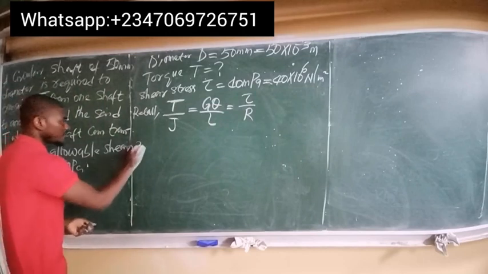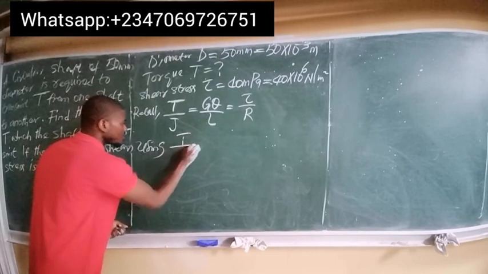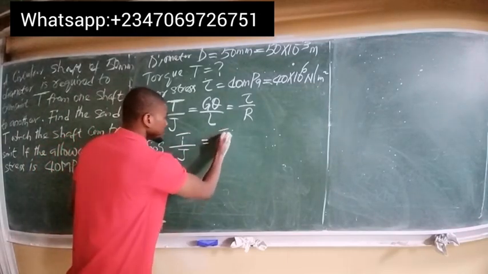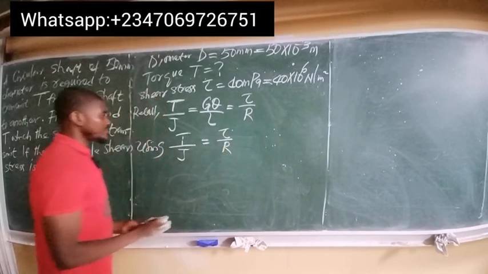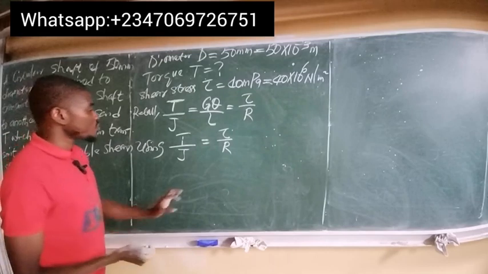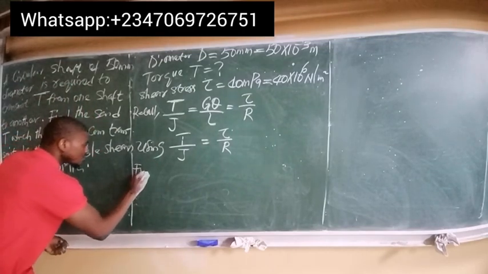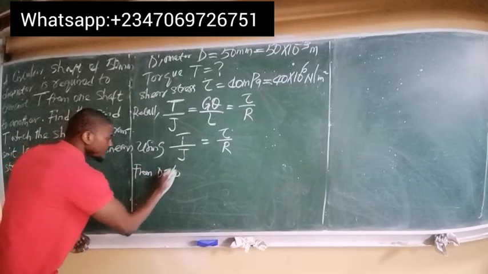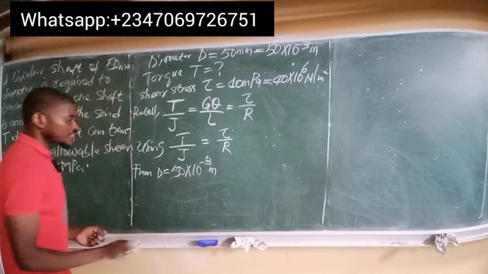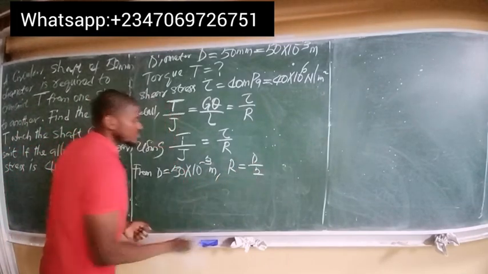So using simply T all over J equals shear stress all over radius. Like I said, we have the diameter, which means we can find the radius. From D equals 50 by 10 to the power of minus 3 in meters, R is simply diameter all over 2.